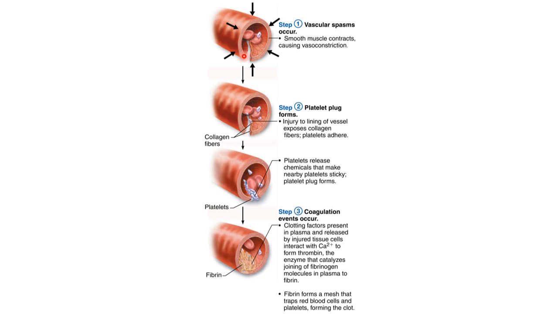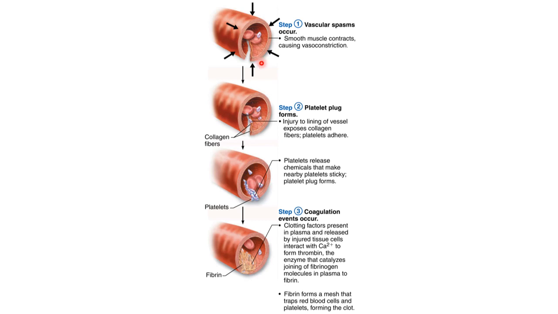And as they contract, they will squeeze the blood vessel and decrease the blood flow. So if you have decreased blood flow here, little blood will exit the site of injury. Okay, so the first step is vascular spasm, which will cause vasoconstriction.